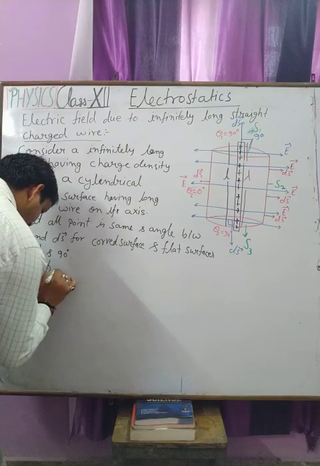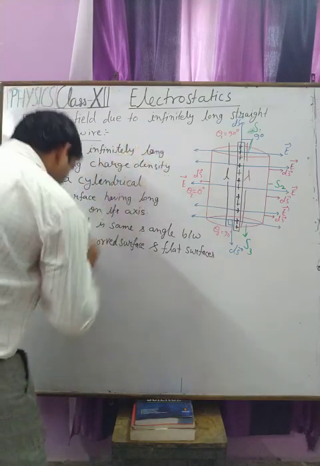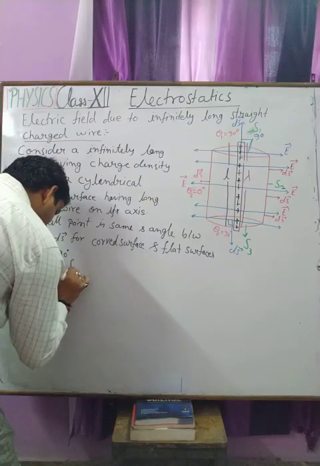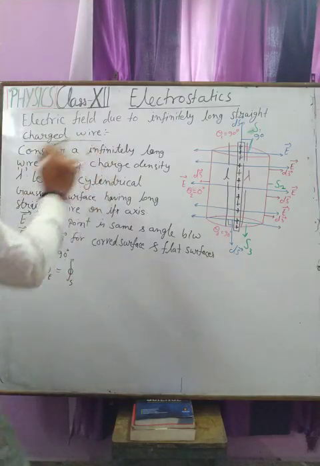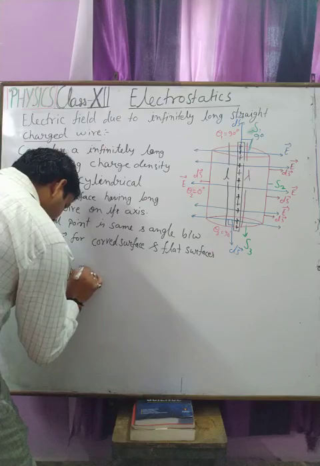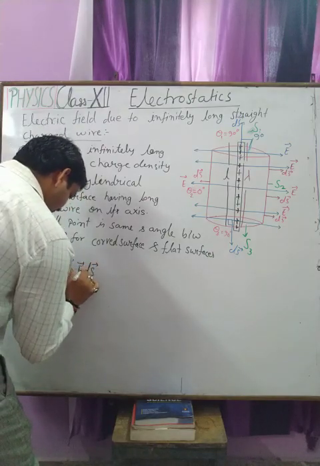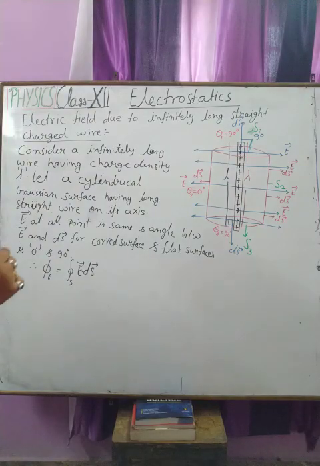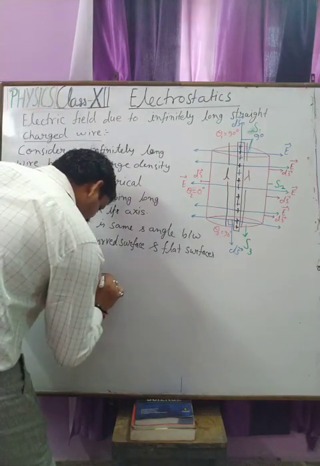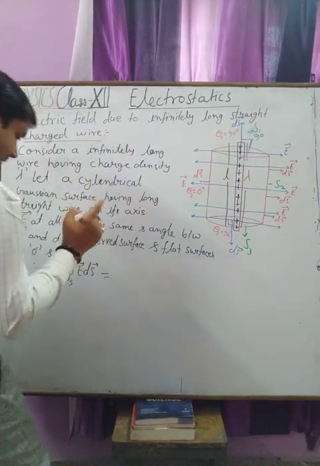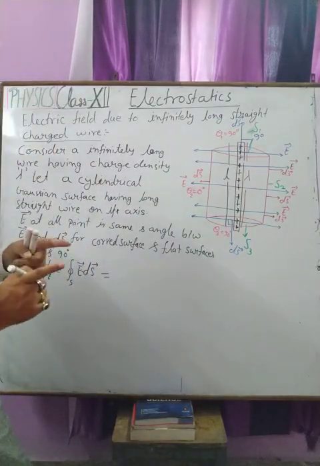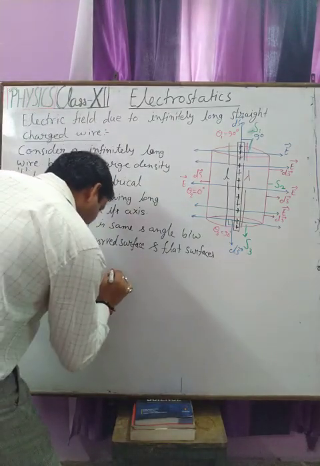Electric flux due to the surface is closed integral of vector E dot ds. Now this cylinder has three surfaces. We calculate the electric flux due to the three surfaces.